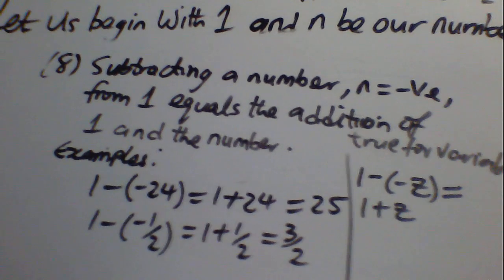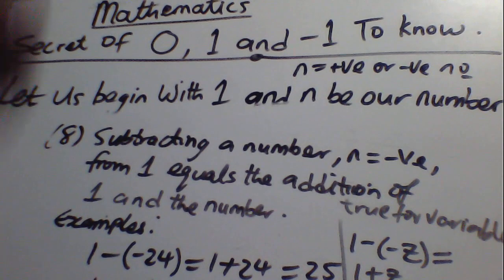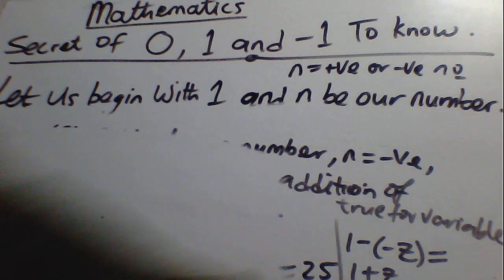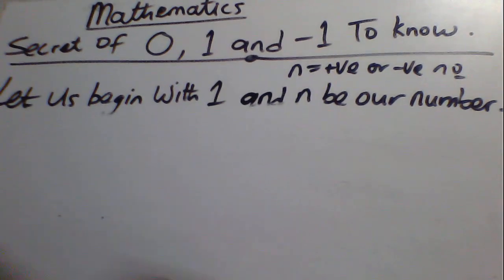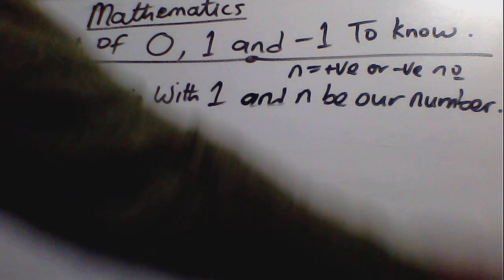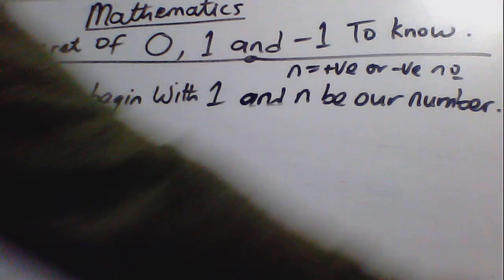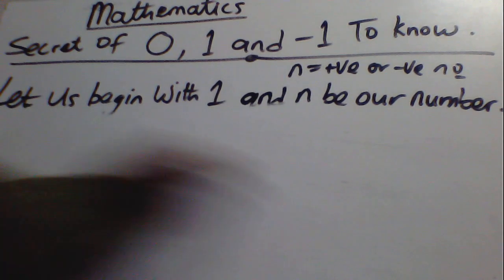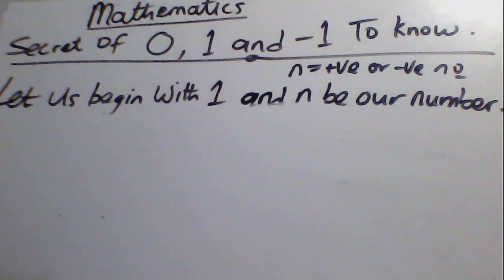So let's look at the last one we have, which is minus 1. When a number is multiplied by minus 1, or minus 1 is multiplied to a number, the result equals the number, but its sign changes.